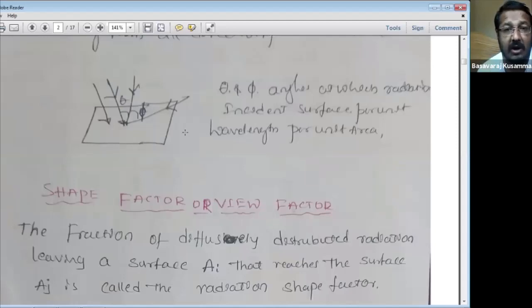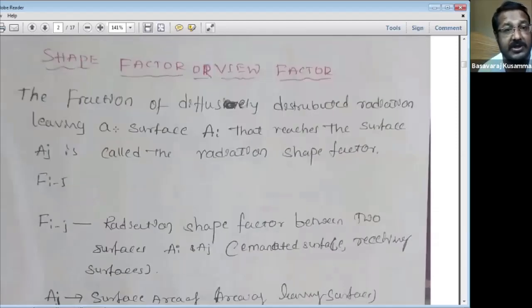The fraction of diffusively distributed radiation leaving the surface Ai that reaches the surface Aj is called the radiation shape factor. Come to the point here.